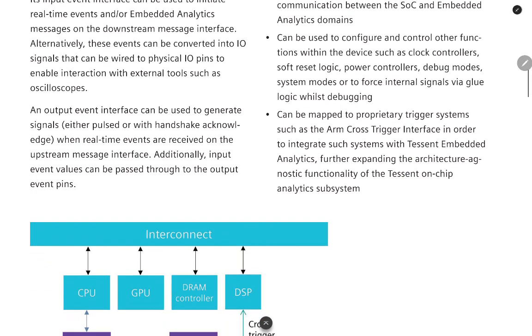It can be mapped to proprietary trigger systems such as the ARM cross trigger interface in order to integrate such systems with the Tessent embedded analytics, further expanding the architecture-agnostic functionality of the Tessent on-chip analytics subsystem.